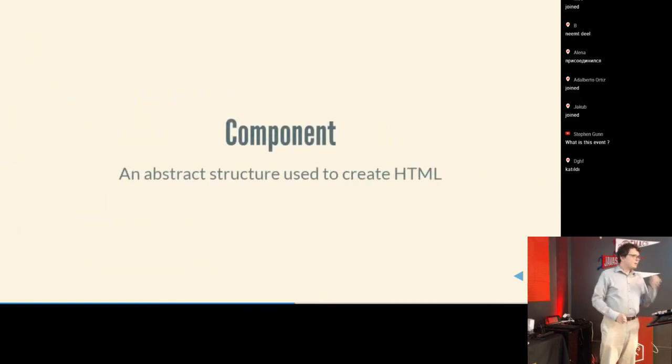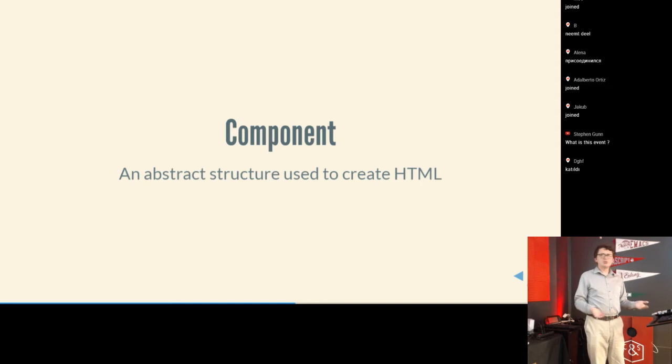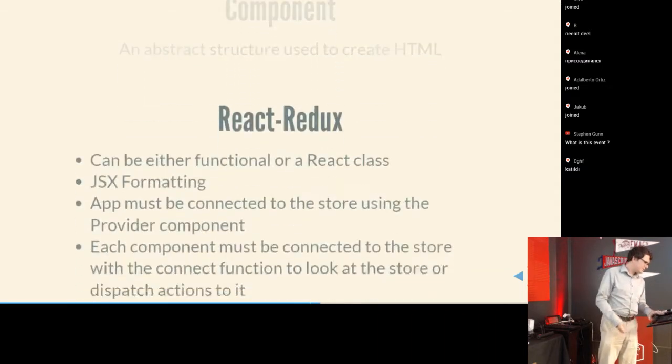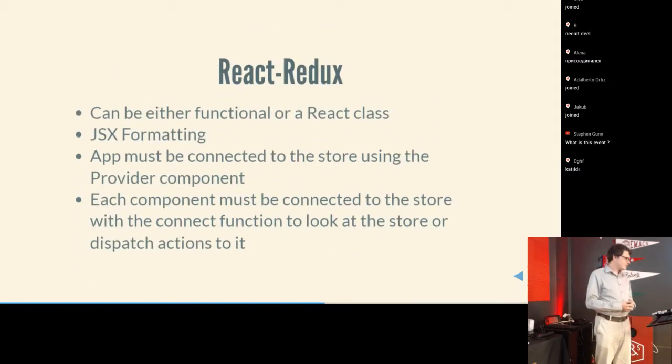So, components in React and in Elm can be described as some kind of abstract structure which is used to create HTML. In React, we don't write just pure HTML, and neither do we in Elm. So in React Redux, components can either be functional or React classes.